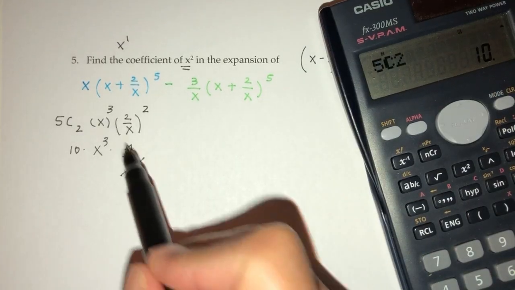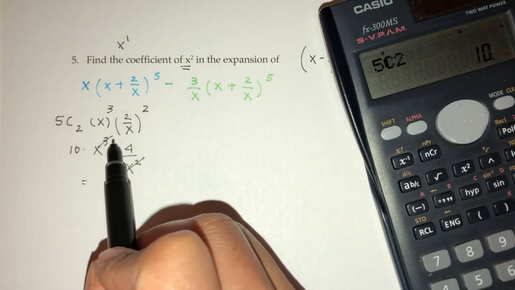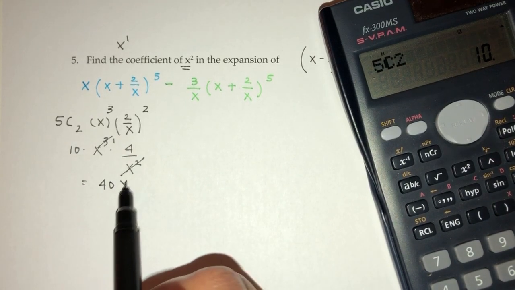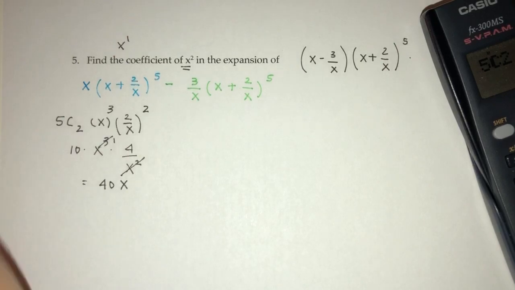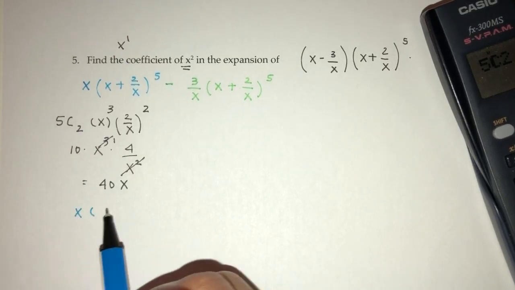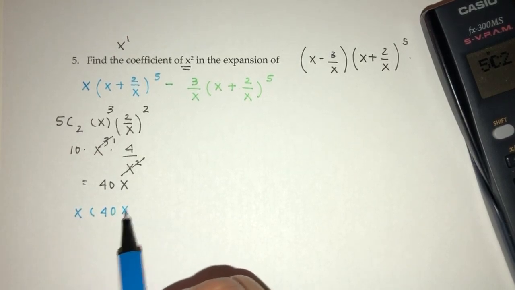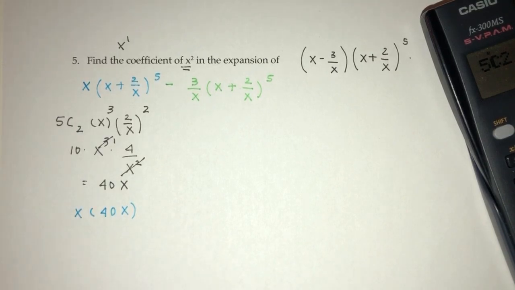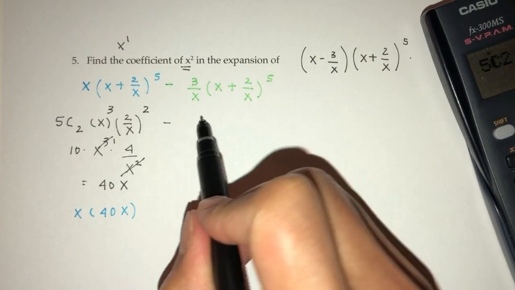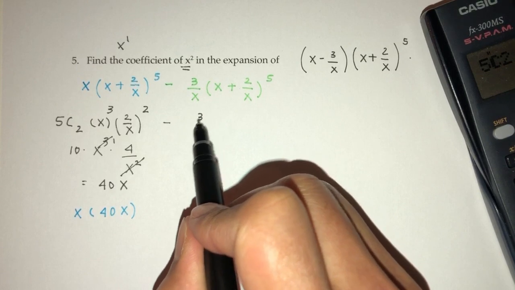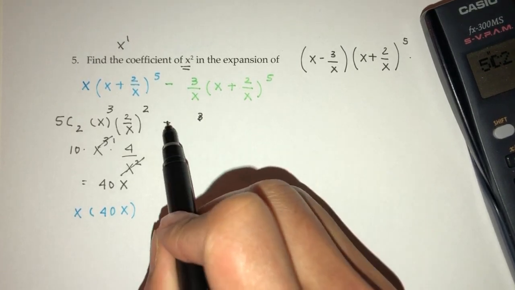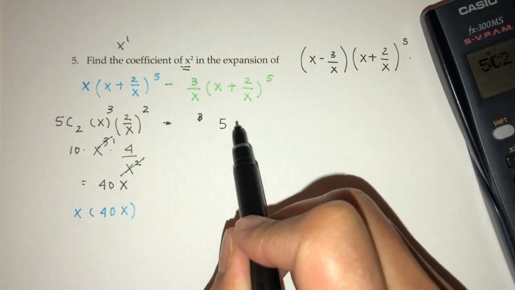Simplify, that will become 40x. So this term right here becomes x times 40x. Then for this one, we have minus 3. So let's forget about this. So we have to expand. So 5 choose something.